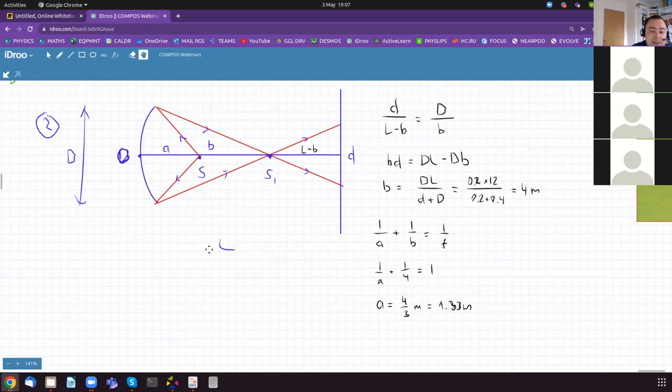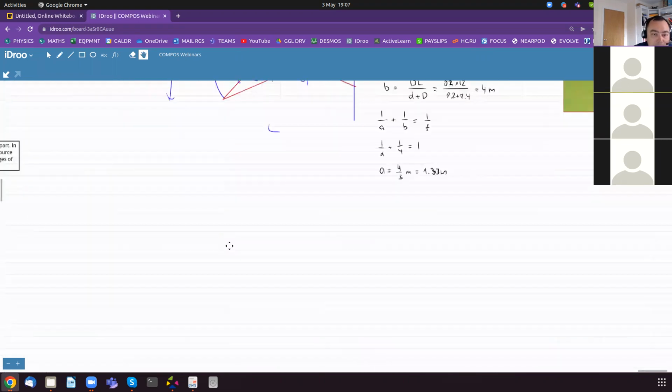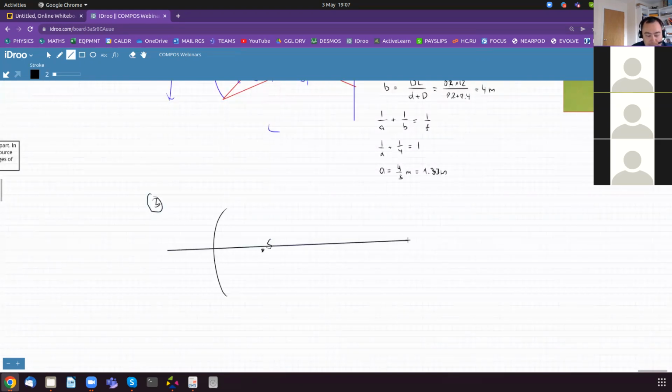And finally, the third option. So we have a mirror like this. We have the source of light S, the optical axis, and the screen here.